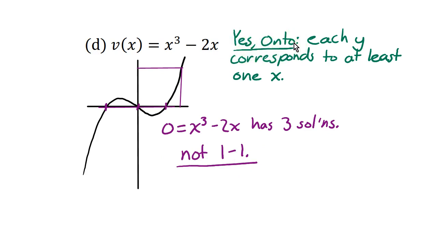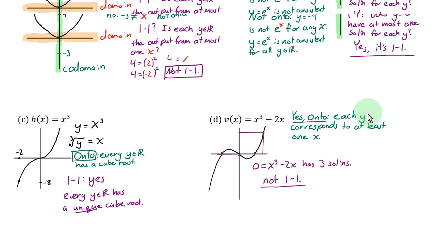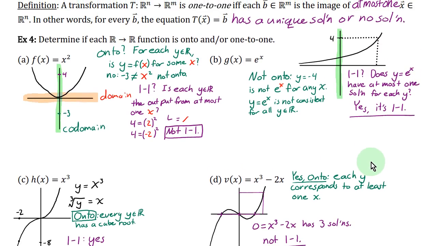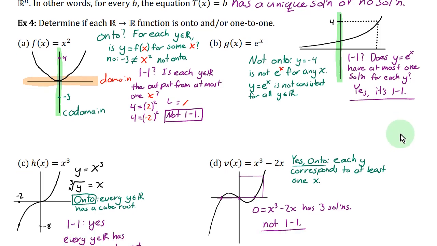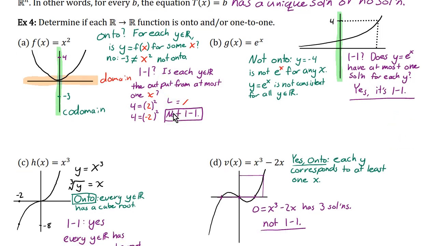Okay, so zooming out here, we can see that we've got all 4 possibilities. You can either be neither 1 to 1 nor onto. You can be both 1 to 1 and onto, like this one. You can be 1 to 1 but not onto, or you can be onto and not 1 to 1.